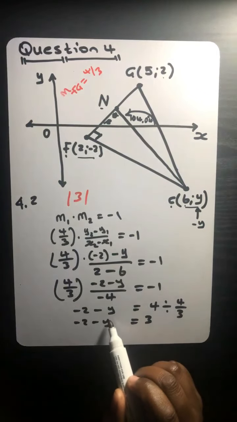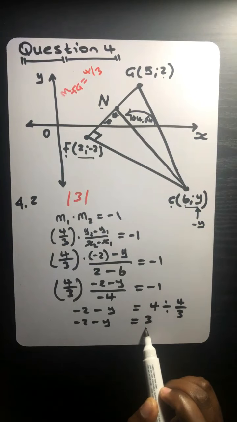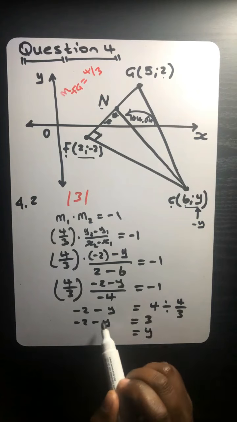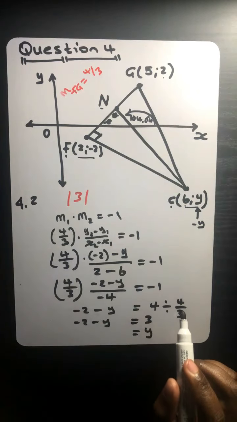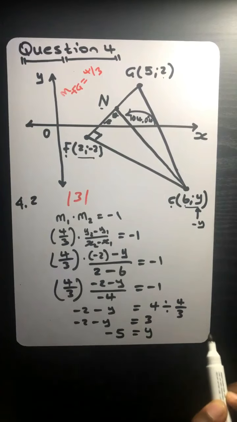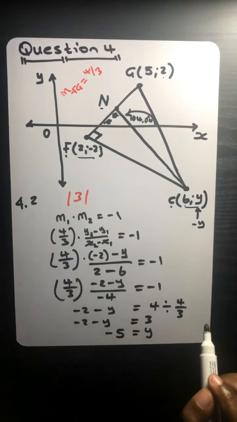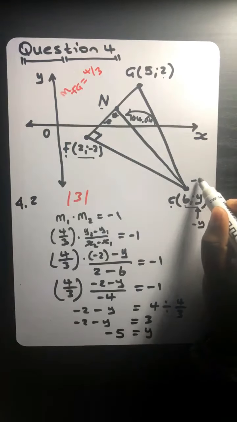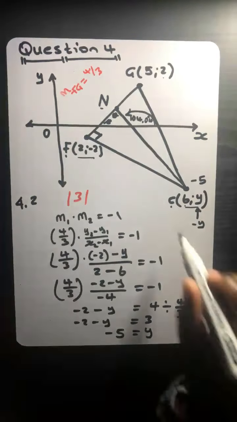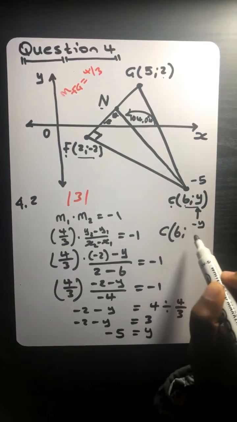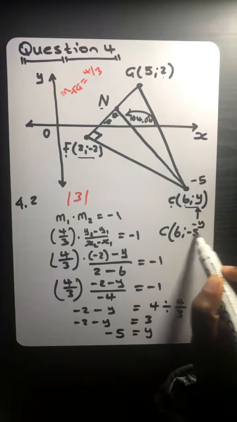You take these to the other side, then it becomes positive y, which equals, you take this to the other side, -3, which means -2 minus 3 equals -5. So can you see, guys, we expected a negative value and indeed we got a negative value, which means y is -5. So the actual coordinates of C are (6; -5).